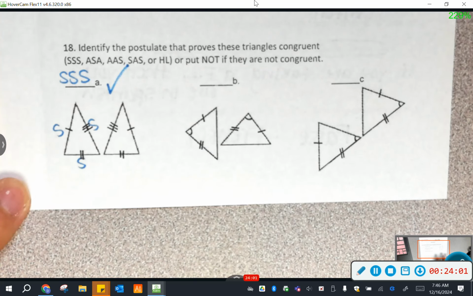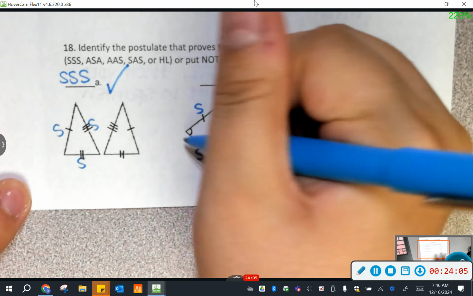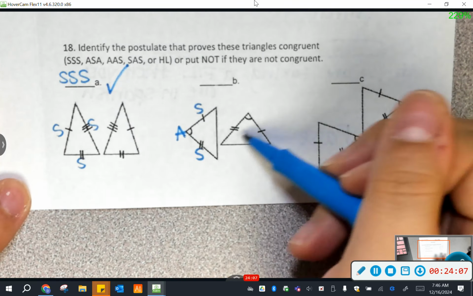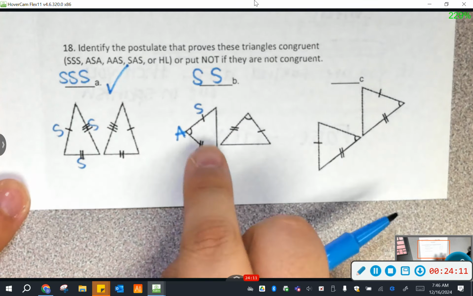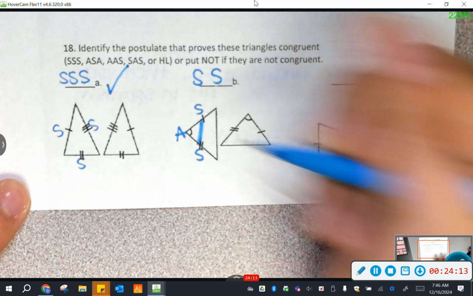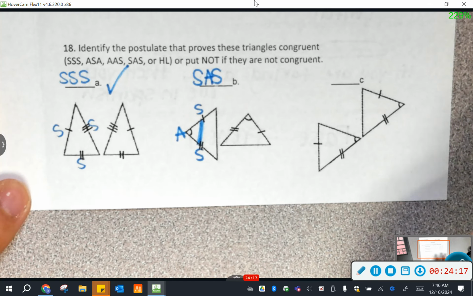What do I have right here? I have two sides and an angle on both of them. Is my angle in the middle, in between these two sides? Yes. So it's SAS, which works. Not the bad word, not AAA. We're good.